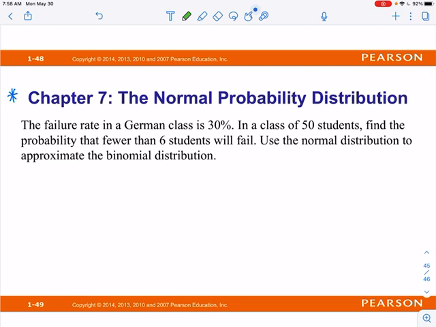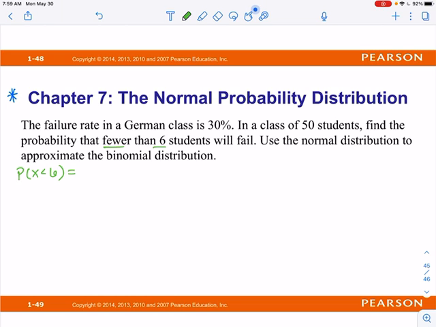Okay, and last question: the failure rate in a German class is 30%. In a class of 50 students, find the probability that fewer than 6 students will fail. Use the normal distribution to approximate the binomial distribution. So we want the probability that x is less than 6. The first thing we need to do is put that in terms of less than or equal to.